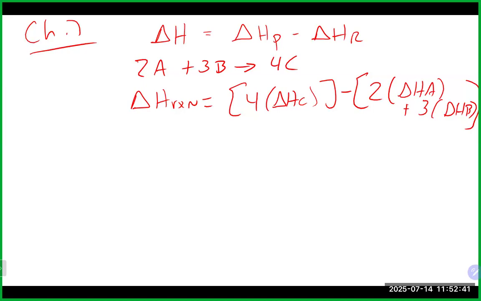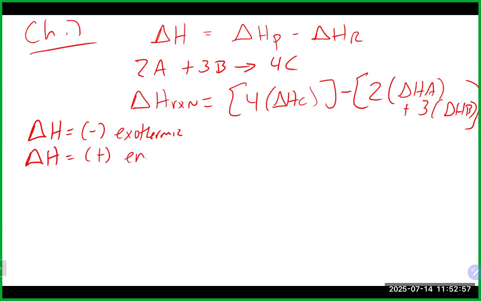You also got to take into account that coefficient when you're calculating them. And a reminder that if delta H is negative, it means it's an exothermic process. And if the delta H is a positive value, that would be an endothermic process.